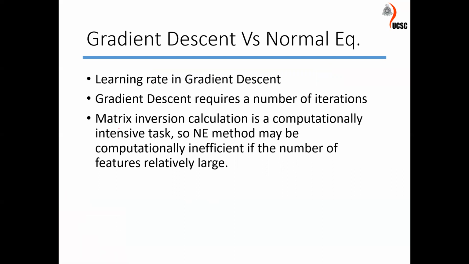If we are computing the inversion of the matrix, these calculations are computationally heavy. That's why this is not recommended when we have a very large number of features. If you have a very large set of dimensions, you can't use the normal equation method. For that, you can go for the gradient descent approach.